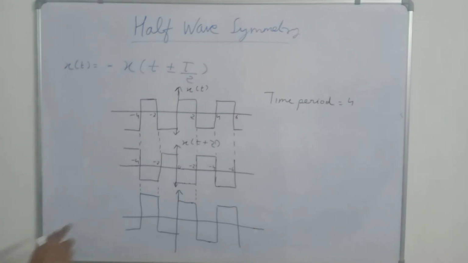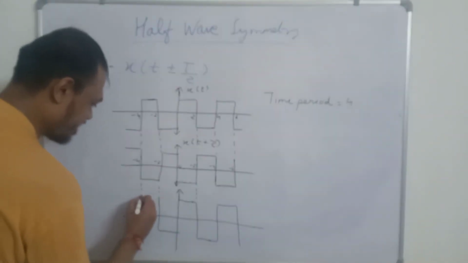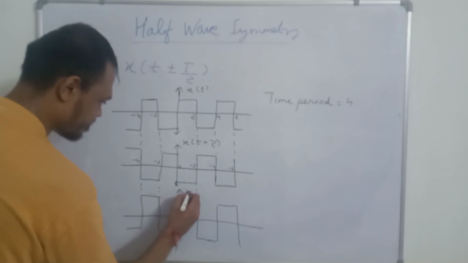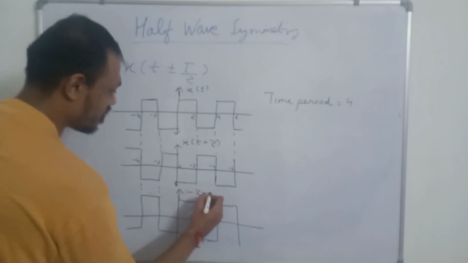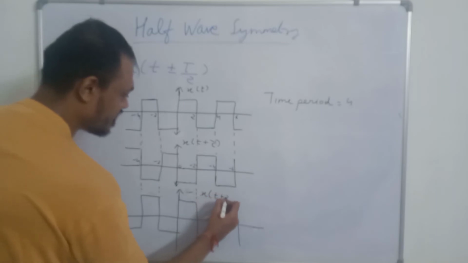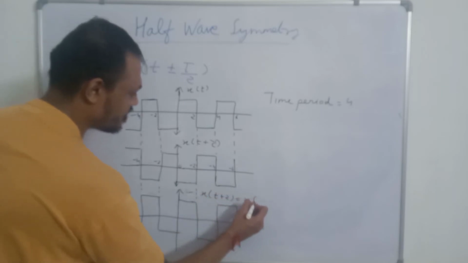When we rotate the signal about the x-axis, we get our original signal. So this signal is minus of x of t plus 2, and it is equal to x of t.